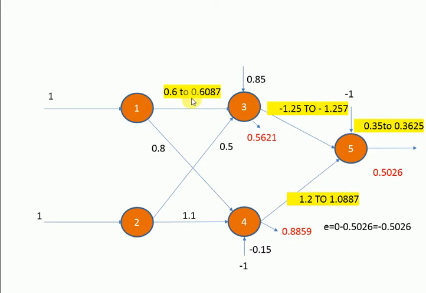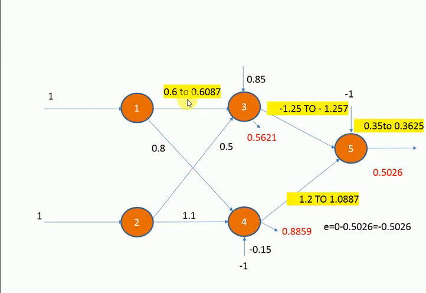This weight from 1 to 3 is calculated by taking the weight of this, minus 1.5, and the sigma of this, using the values 0.6, minus 1.25 and 0.5621. So all 3 are used to calculate this weight.